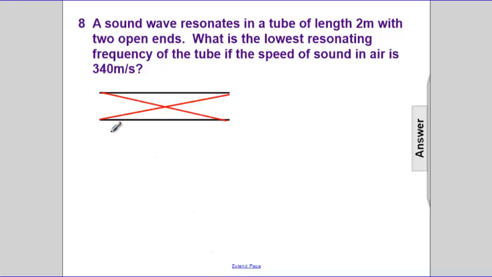And let's just make note that we have antinodes at either end and a node located centrally.